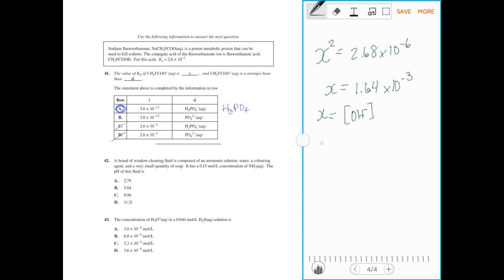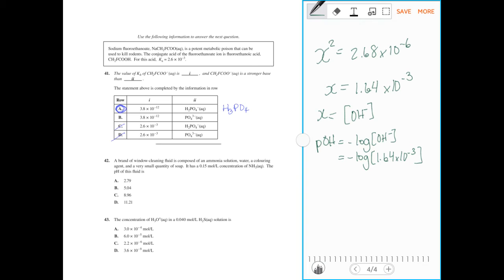If I'm looking to calculate my pH, I can calculate that by first calculating my pOH, which is my negative log of my hydroxide ion concentration, which is equal to the negative log of 1.64 times 10 to the negative 3.